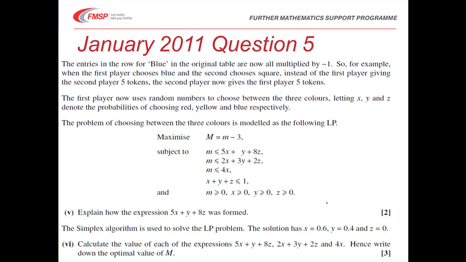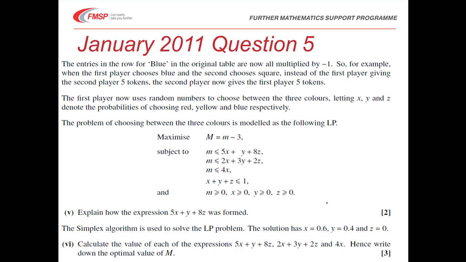So we'll move on then to the last part of the question, which, as I say, is the sort of simplex bit of it. So the entries for blue are multiplied by -1 and so forth. The first player now uses random numbers to choose between the 3 colours: X for red, Y for yellow, Z for blue, and so forth.